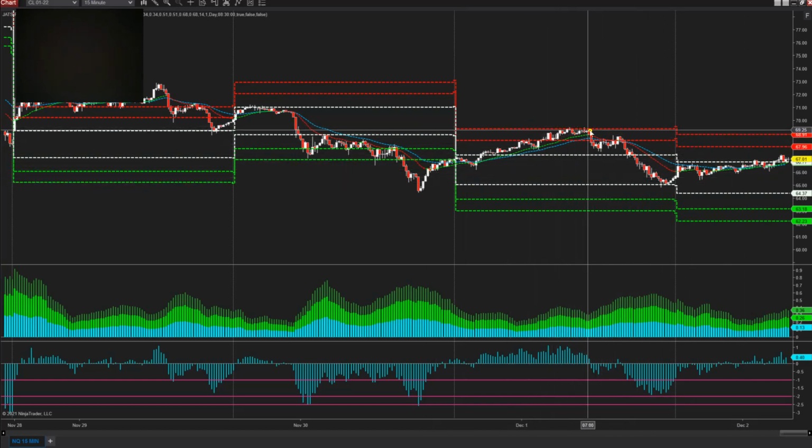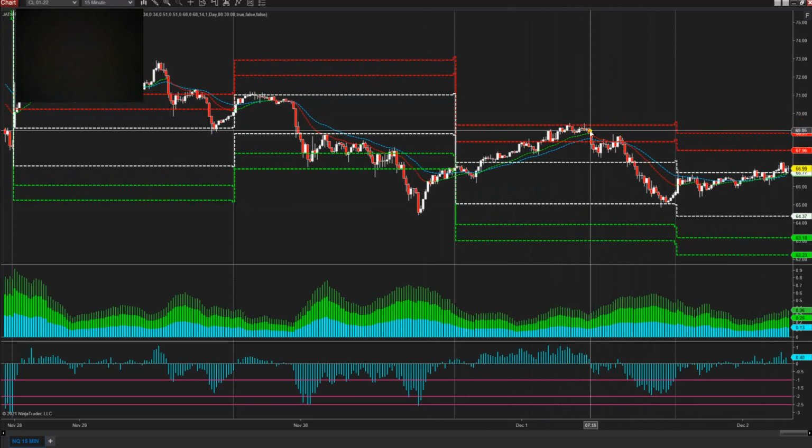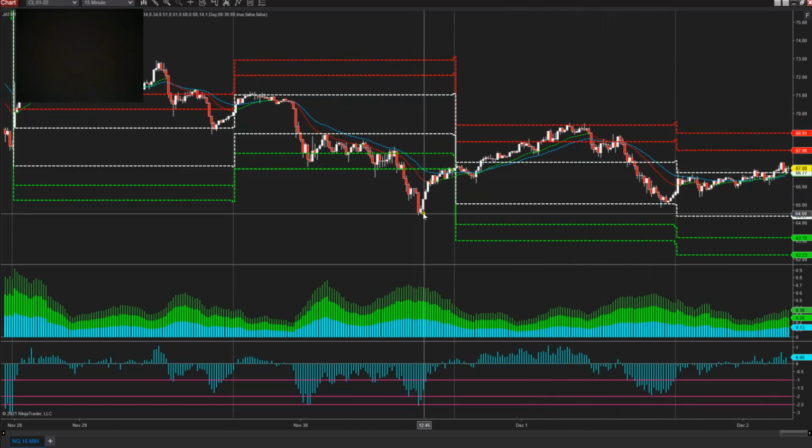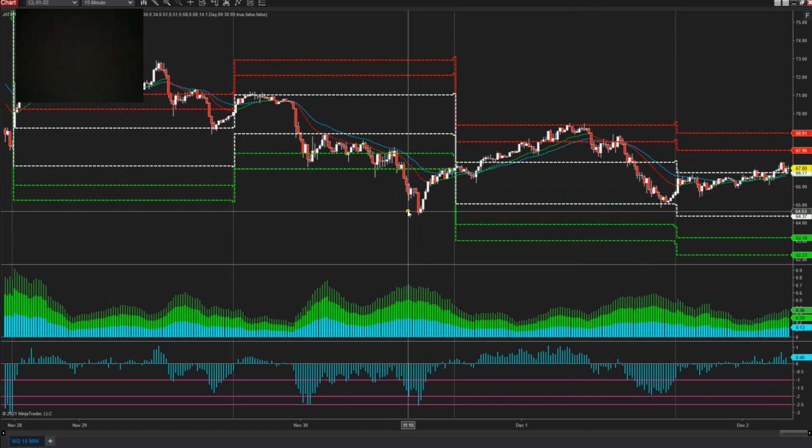Or it can stop and reverse to the mean. Volatility trades in between these bands. So this represents the daily range. And when it breaks the range, then you want to trade to a second target, the tail target.